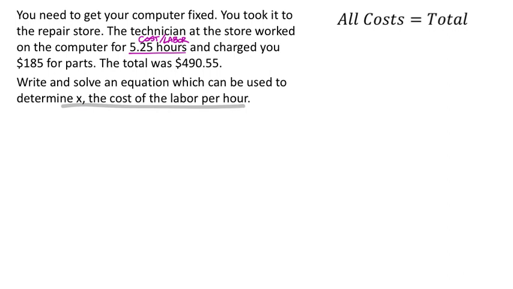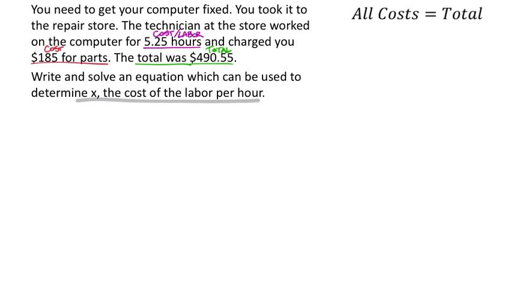In fact, I'll change that. That's a cost for the parts. And then the total, they said $490.55. Again, that is a total. It says a total, but I'm just emphasizing that we know that that is a total. So when we set up the equation, we know that the total is just a total.